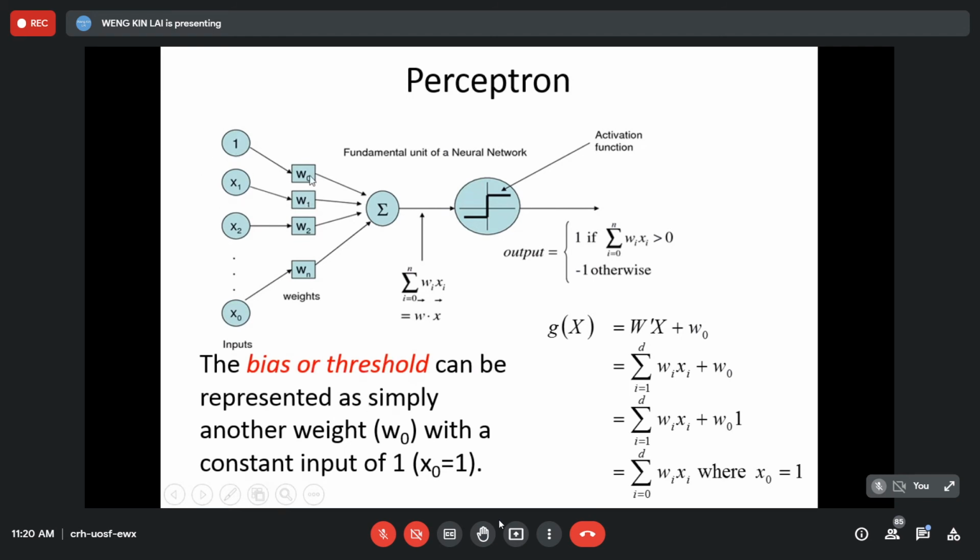So you get a fixed weight, which is your theta. So your W0 multiplied by your 1 actually is your theta in the earlier representation. In this case, my W0 will be basically negative, represented by my theta. So this is another way of representing it. You don't see that threshold anymore. It's actually embedded inside the weights here as another input.